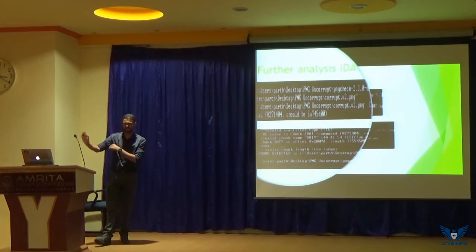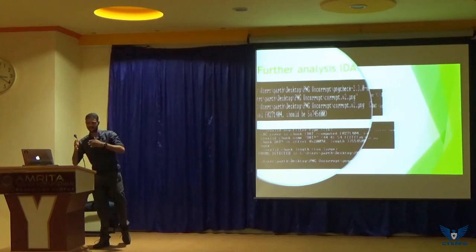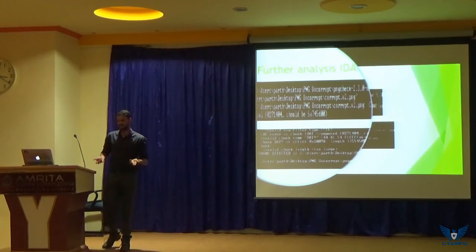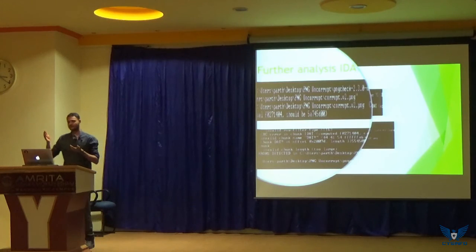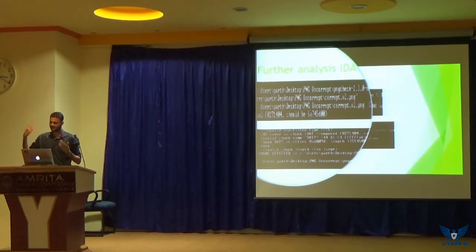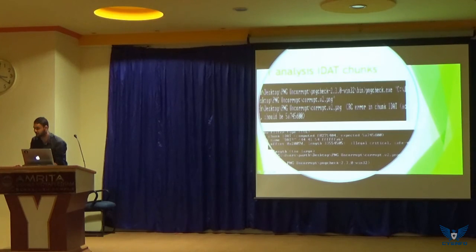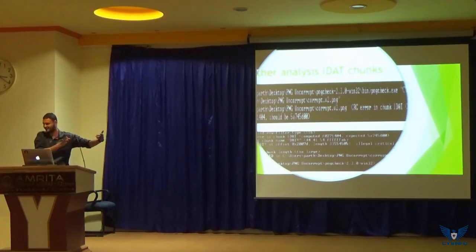Yeah, that's correct. Your question is correct, how will we identify whether the CRC is bad or the chunk is bad. For that, actually I was not aware of that at that time, but I was just, you can say, following my instincts. Following my instincts means I was just looking at the chunk IDAT that was creating something, right? I was not even looking at the CRC error. I was just focusing on the chunks.